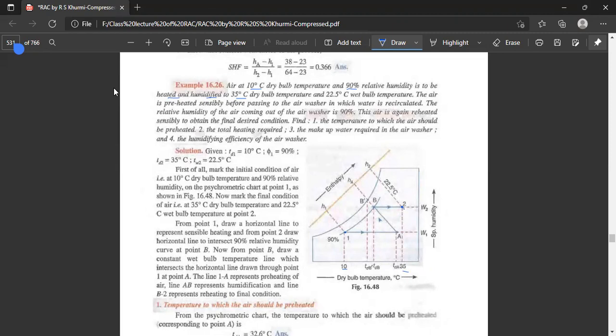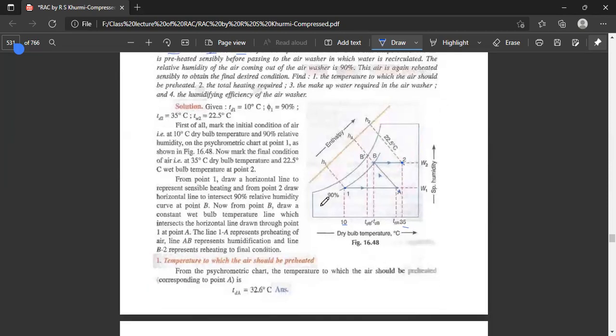This gives point B. Now from B draw a constant wet bulb temperature line, which intersects the horizontal line drawn through point 1 at A. The line 1A represents the preheating, and line AB represents the humidification. Line B2 represents the reheating to the final condition.